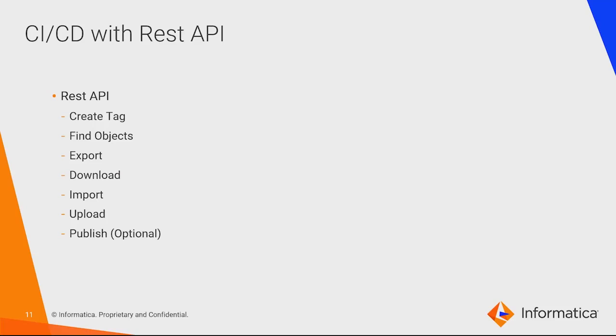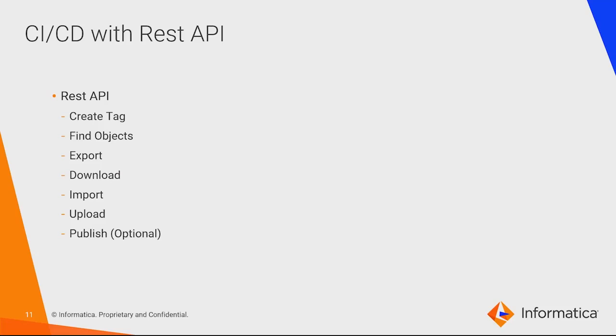We'll discuss that in detail in the demo, but in the big picture, create tag creates a tag with the number of assets we want to deploy, and then we use find object with the tag name, get those object IDs, and use those object IDs to export and download.